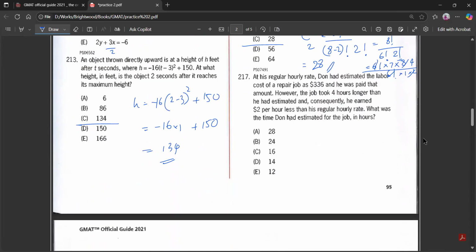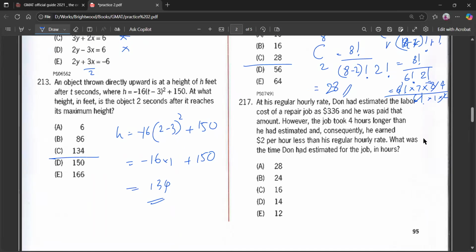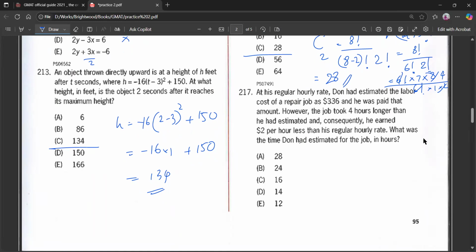Okay. Next thing. At the regular hourly rate, Don had estimated the labor cost for a repair job is 336 and he was paid that amount. However, the job took 4 hours longer than he had estimated, and consequently, he earned $2 per hour less than his regular hourly rate.